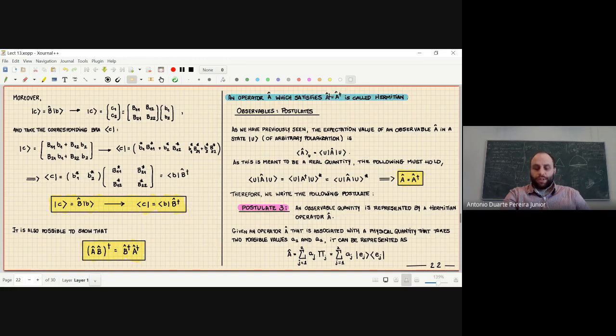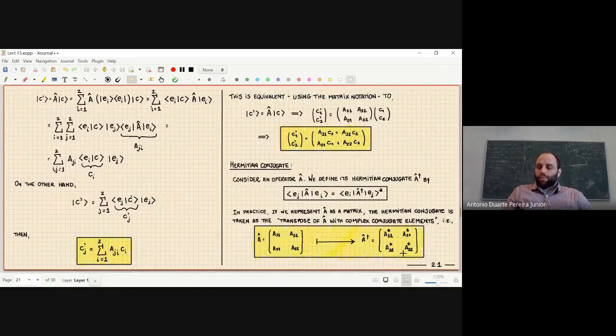So here I'm saying that if I take the dagger of this matrix, I get this new matrix. But it can happen that when you take the dagger of a matrix, the resulting matrix is equal to the first matrix. This can happen, okay?